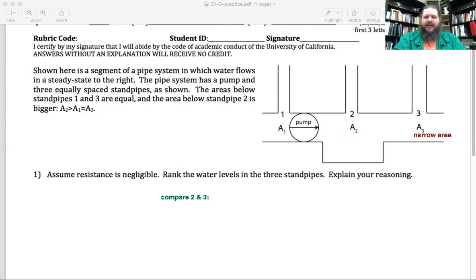Right, wider area means a slower speed. A narrower area means a faster speed. So from 2 to 3, we've got an increase in kinetic energy density. And if the kinetic energy density is increasing, what else would you expect to be changing?